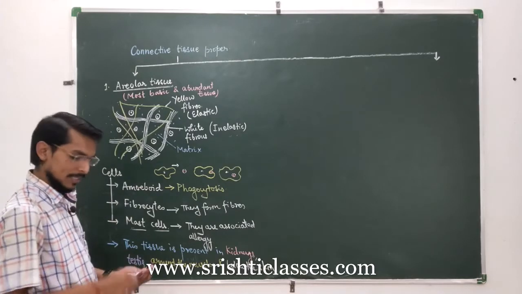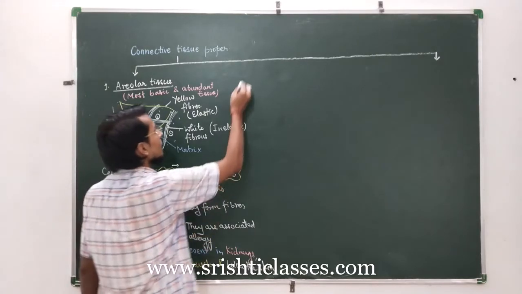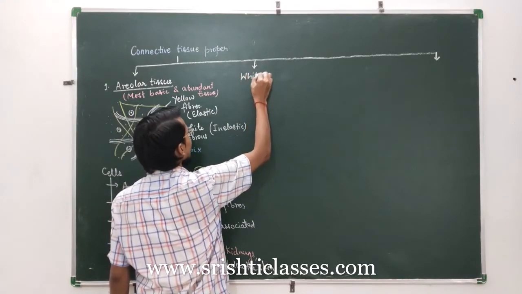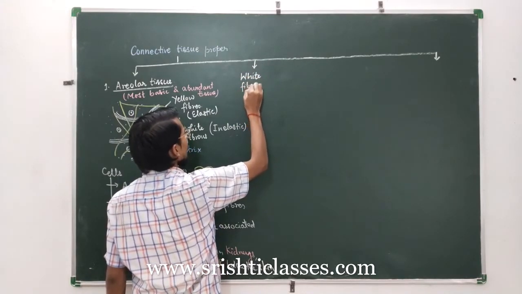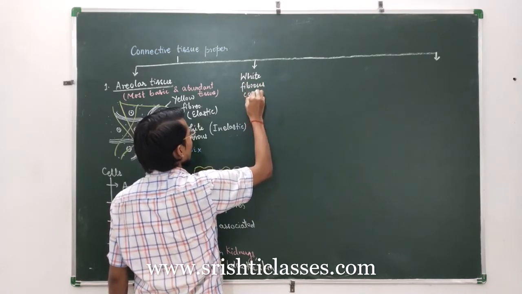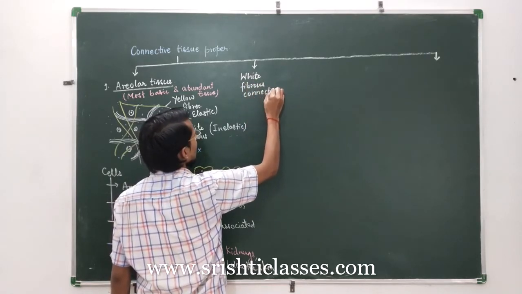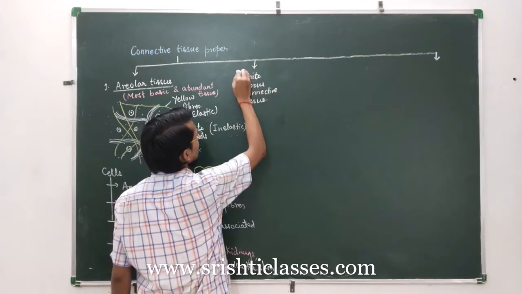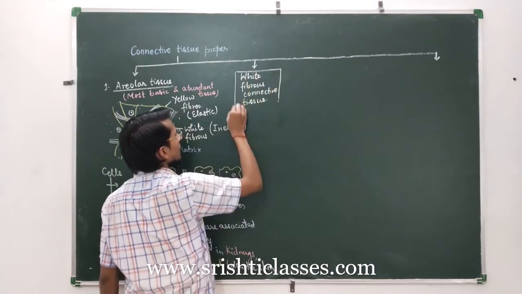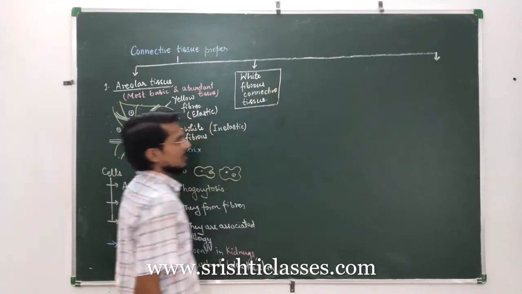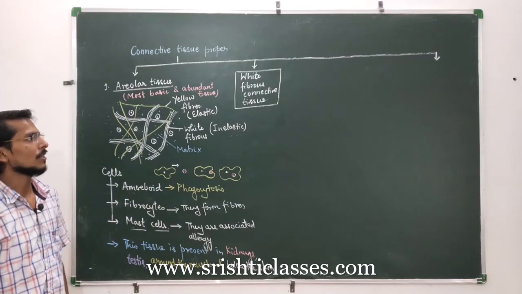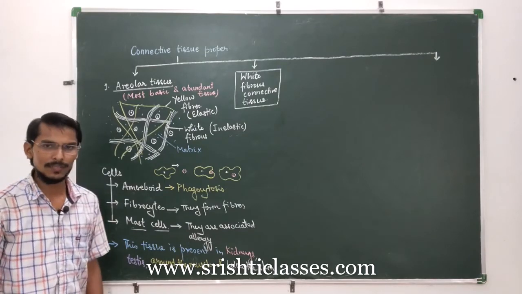The next tissue is white fibrous connective tissue. So let us draw a figure to understand the facts of white fibrous connective tissue.